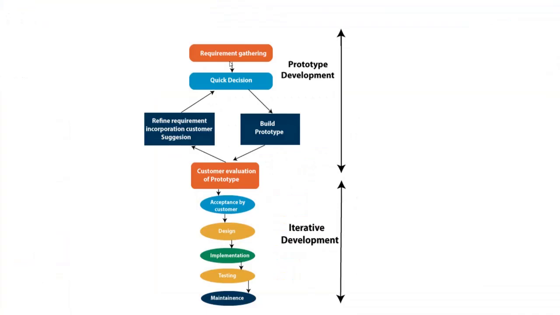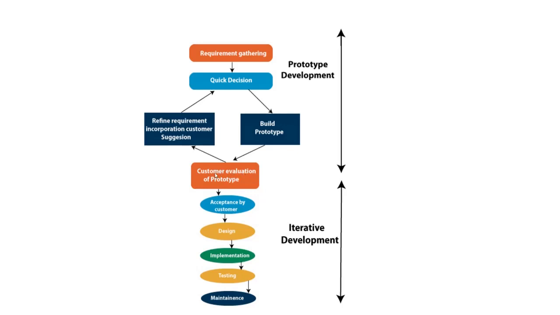As in the other models, requirements will be gathered initially. Once the requirements are gathered, they go to the next step, which is a quick decision, where they decide whether to go ahead and build the prototype. If yes, once the prototype is built, it goes to customer evaluation, where the customer checks whether that prototype satisfies their requirements or not.